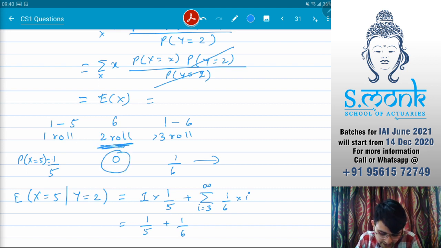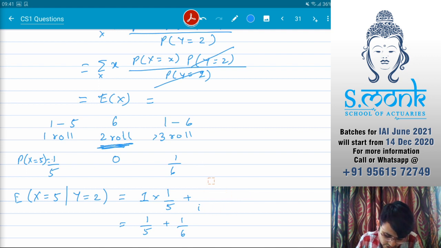So the probability of being 5 is 0. And for any roll that is greater than or equal to 3, the probability of whatever value we are saying is going to be nothing but 1 by 6, or you can say it is going to follow a geometric distribution. Okay, so I should not even write the probability like this. It is going to follow a geometric distribution after roll 3.